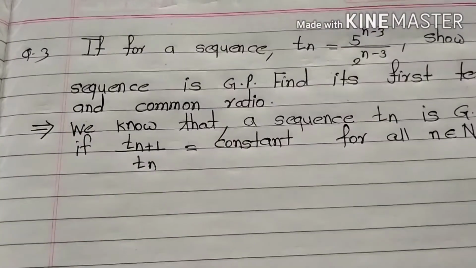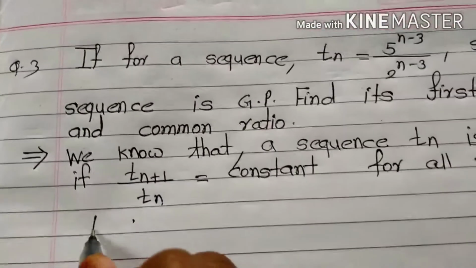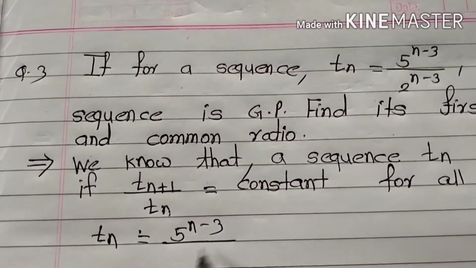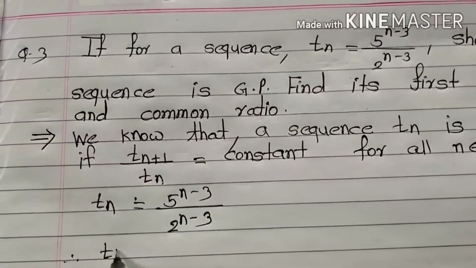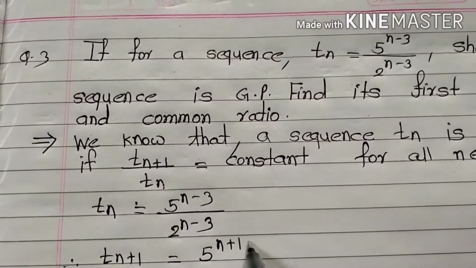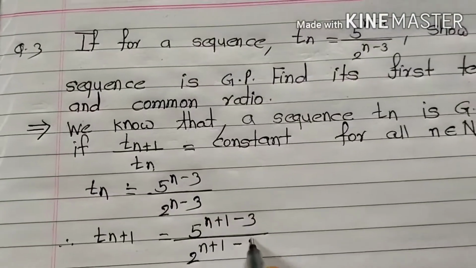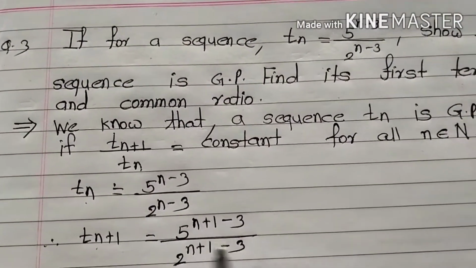So here Tn is given. What is Tn? Tn is equal to 5 raised to n minus 3 upon 2 raised to n minus 3. Therefore Tn plus 1 is equal to 5 raised to n plus 1 minus 3 upon 2 raised to n plus 1 minus 3, where n is replaced by n plus 1.